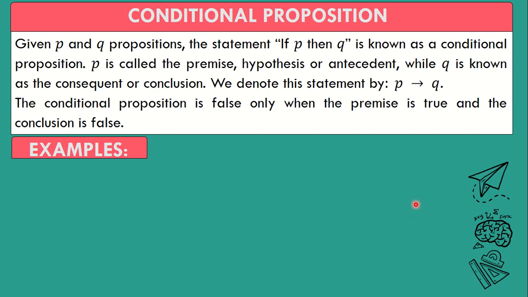Next one, the conditional proposition. What about the conditional proposition? If P then Q is known as a conditional proposition, and we have terms to use for P and Q. P is called the premise, hypothesis, or antecedent, while Q is known as the consequent or conclusion.